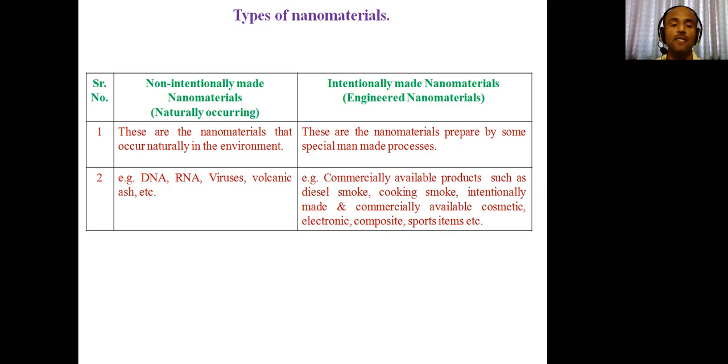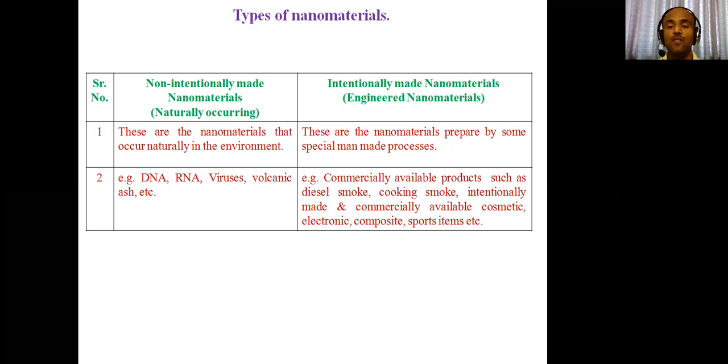Non-intentionally made nanoparticles are the nanomaterials that occur naturally in the environment. Therefore, DNA, RNA, viruses, volcanic ashes, etc. are examples of such nanomaterials. While intentionally made nanoparticles are the nanomaterial prepared by some special man-made process.